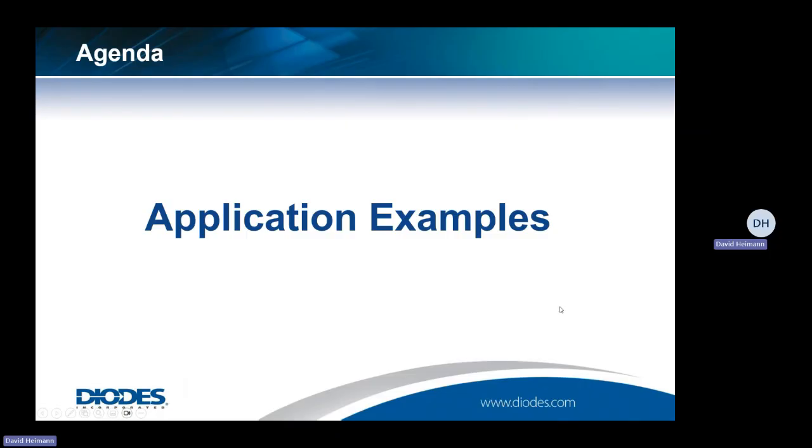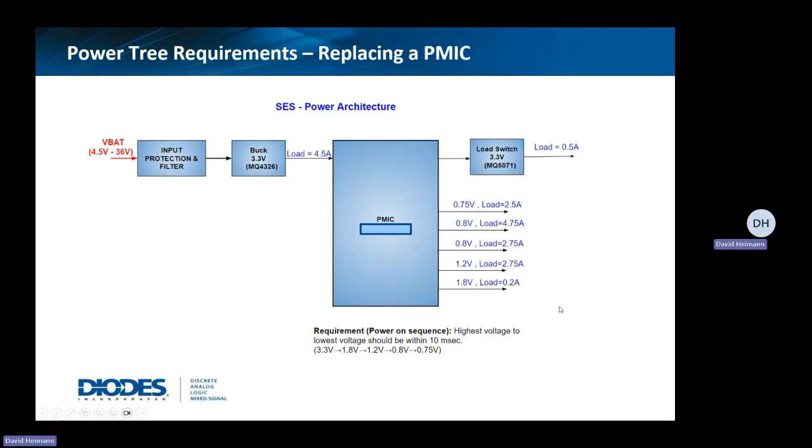All right, so that's the techniques I wanted to touch on today. Then if we take a look at some application examples, this is one I wanted to touch on. Many of you use PMICs in your designs, and a lot of these larger MCUs, SoCs, and so on come with PMICs available that are really nice because they bolt right up to the part, providing all the necessary power rails and sequencing and everything.